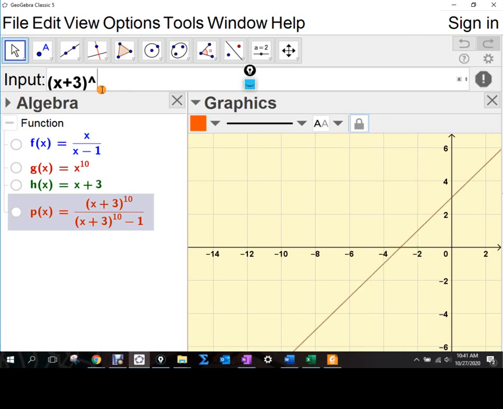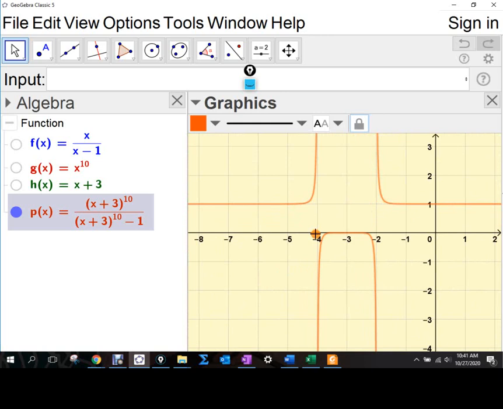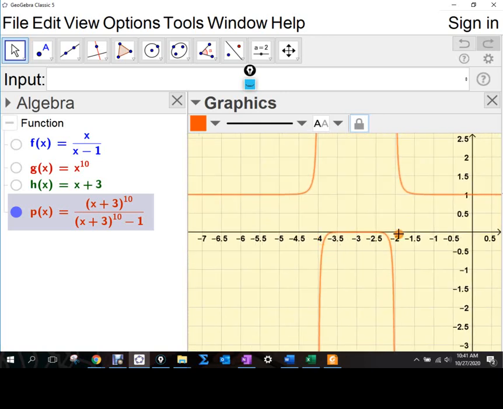Okay, so then when I look at p of x, okay, do you see that we have issues at negative 4 and negative 2? Because now they're asymptotes, so they were zeros on that denominator, but they become asymptotes in this rational function. So those would be domain issues that we would need to remove.